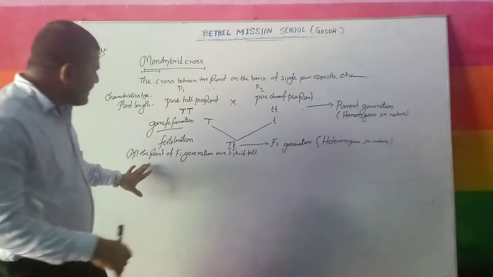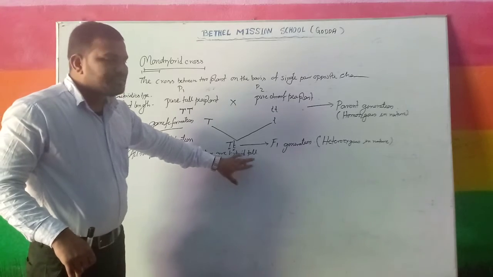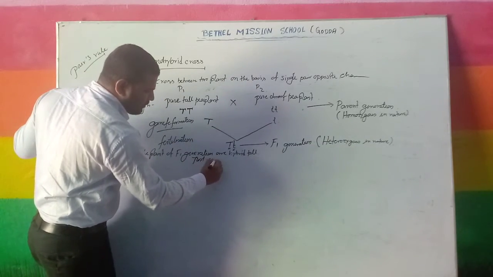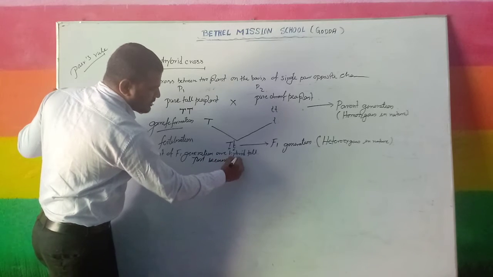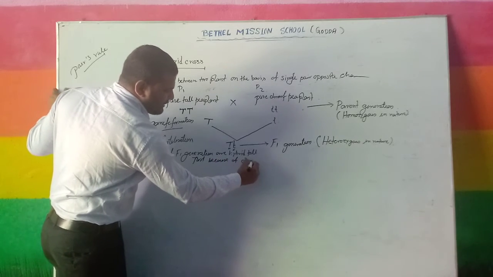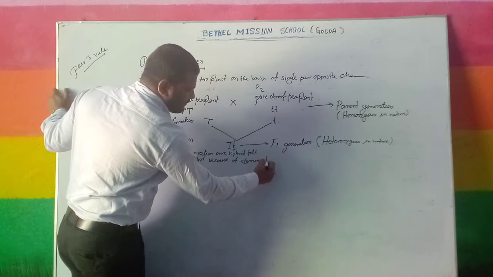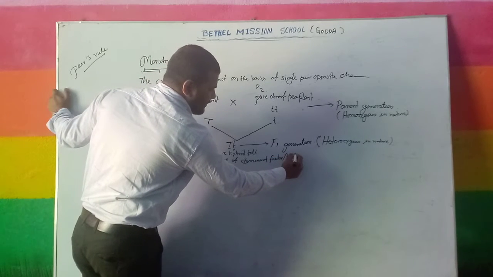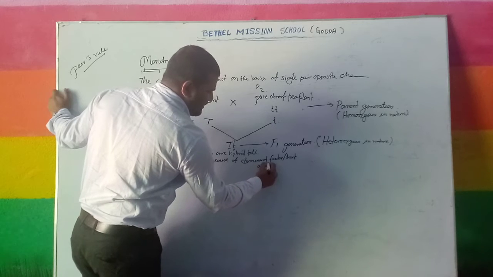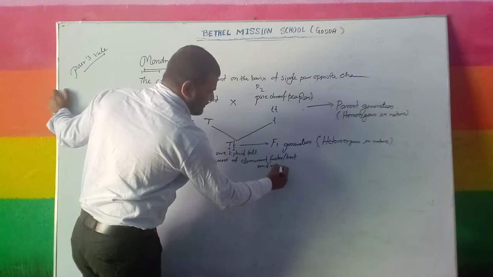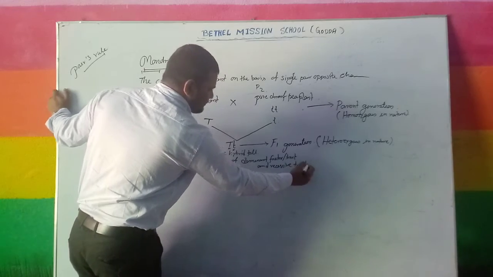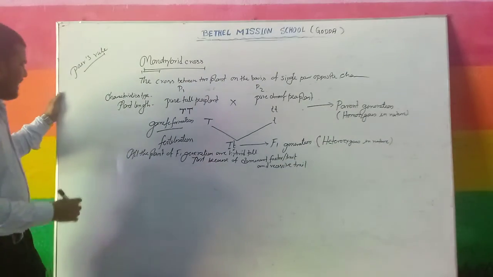Now, all the plants of the F1 generation are hybrid crop just because of the dominant factor of the trait and the recessive trait. Now, what is a dominant trait?